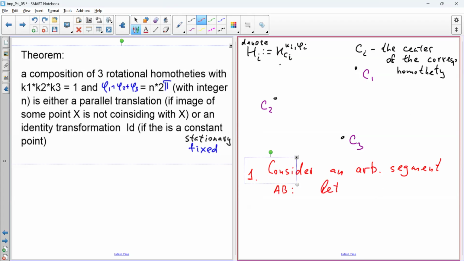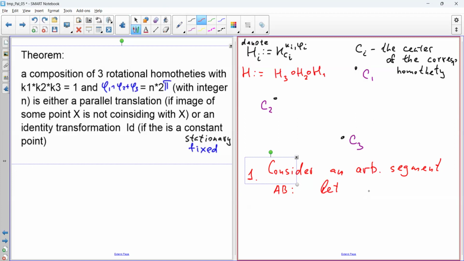We also have that H would be a homothety, the composition itself, the entire composition. We will adjust the notations of the problem so that it looks exactly like this. We first apply the first homothety, then the second, then the third, and that is exactly the entire homothety, so that we can easily deal with the notations.